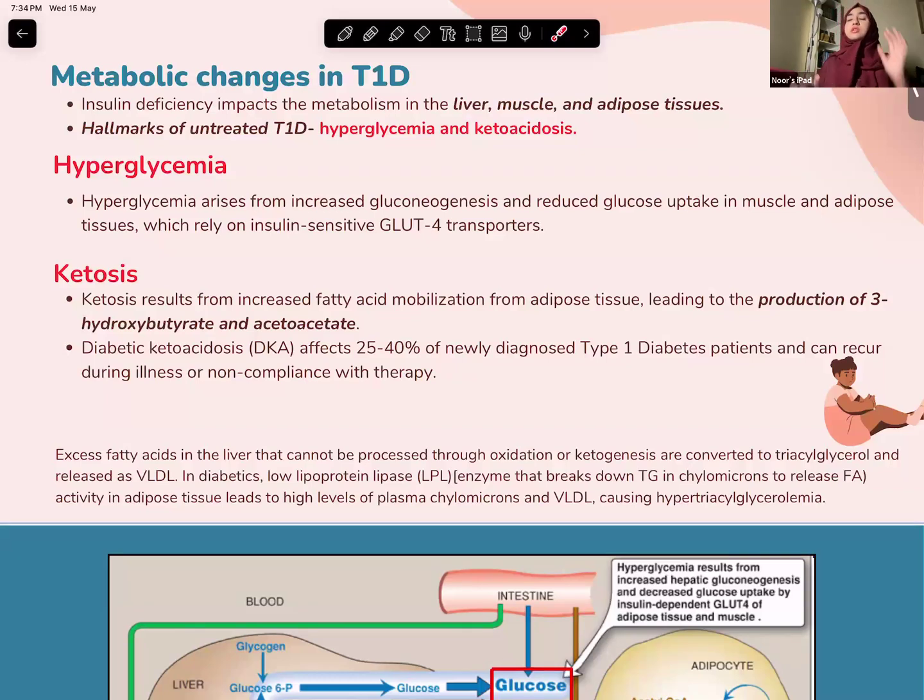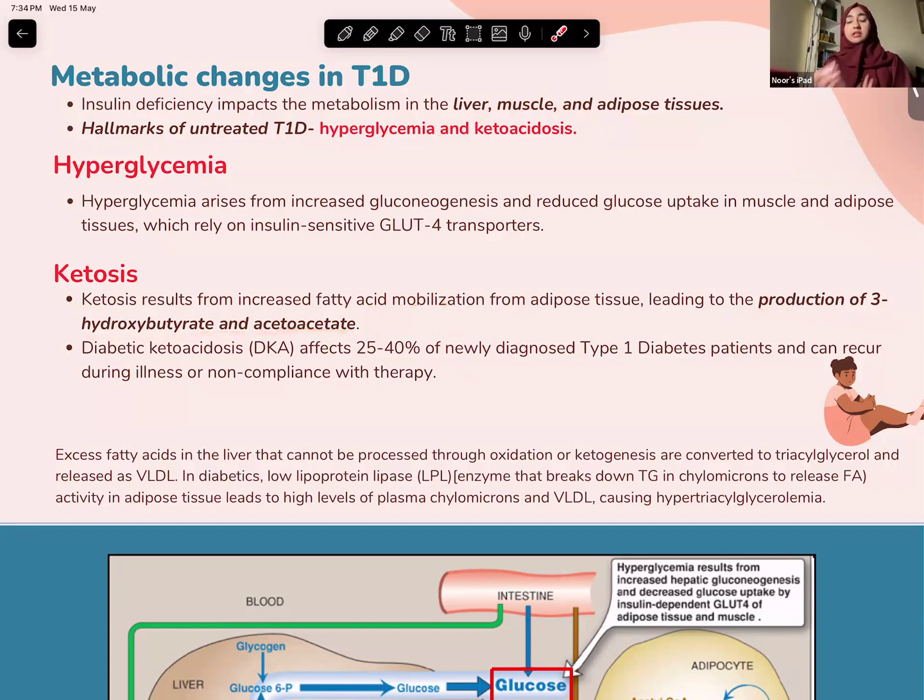So ketoacidosis is one of the hallmarks of type 1 diabetes. You might see ketoacidosis in type 1, but rarely in type 2. Like I just mentioned, ketosis results from increased fatty acid mobilization, leading to production of 3-hydroxybutyrate and acetoacetate, and these two are ketones.